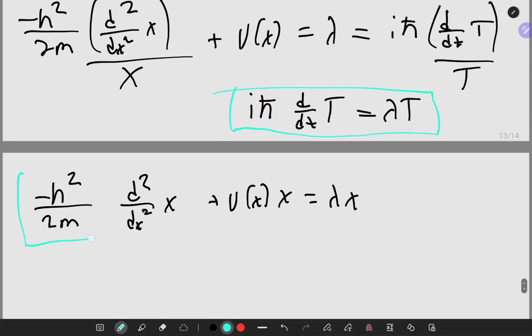See, not too bad at all. So that's how you separate variables, right?